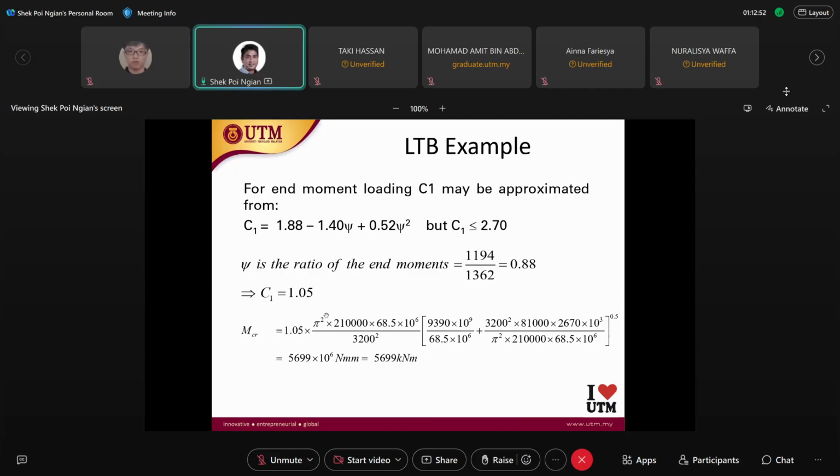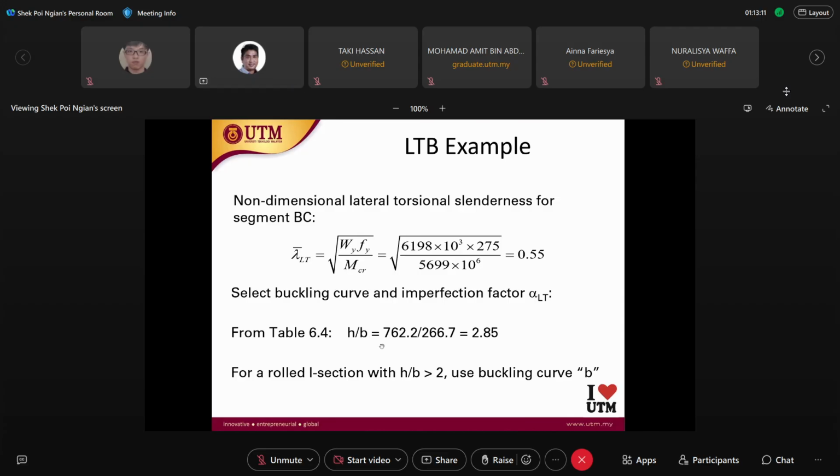So 1.05, you multiply with all these values, which come from the section property table. So we have our M_cr of 5699 kilonewton meter. Then we calculate the non-dimensional slenderness using the M_cr value, and we get 0.55. Then we select the buckling curve using the h over b ratio of 2.85.